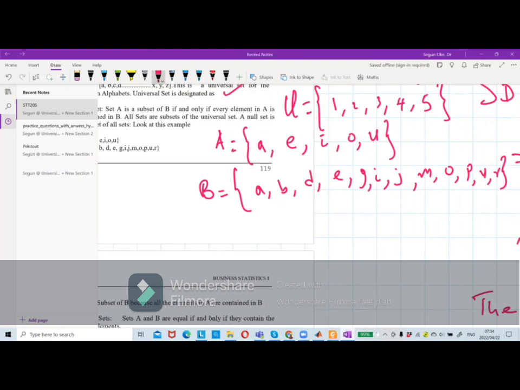When we're talking about subset, it simply means, look at A now.